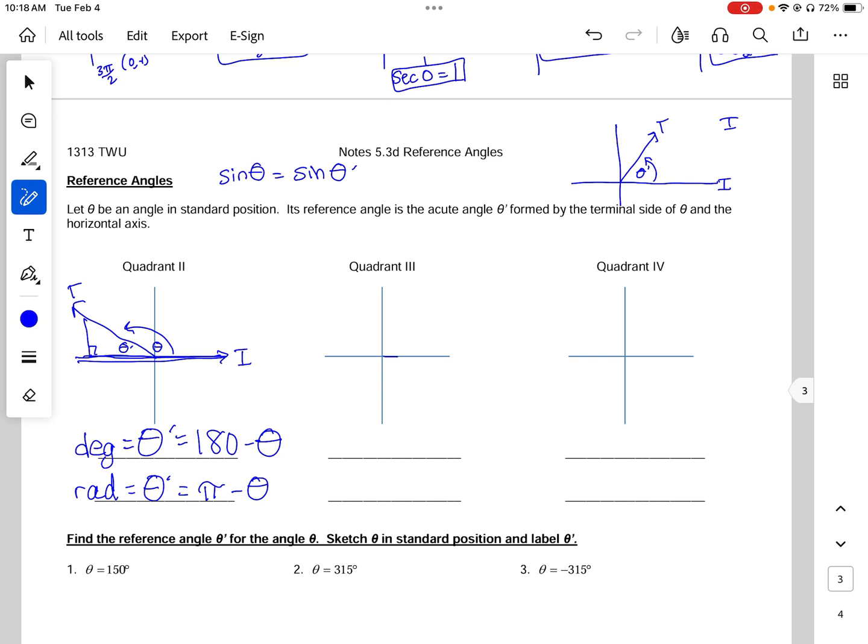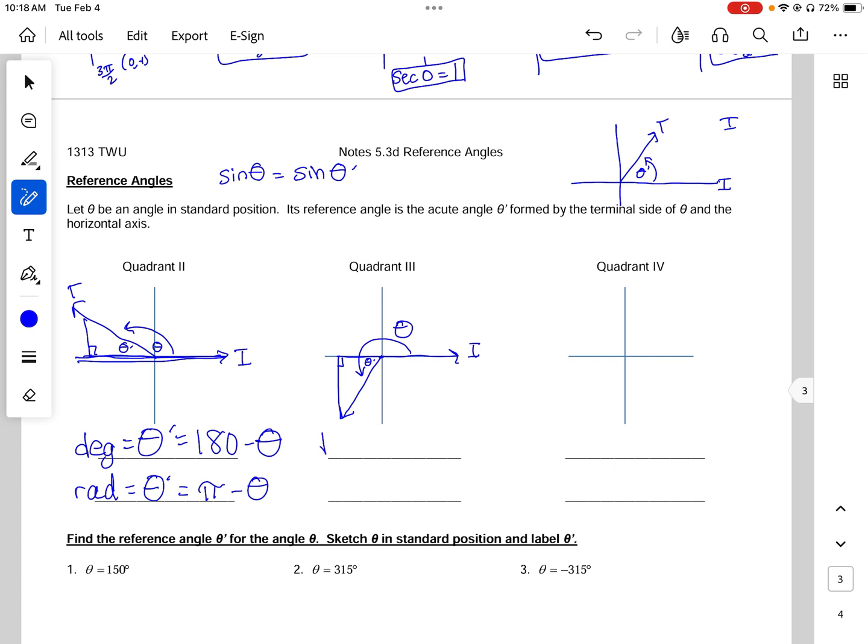So this is our initial side still, and then it goes over into quadrant 3. So we have this angle right here. That's our theta. But we want to find theta prime, so we make a right triangle. So theta prime is right here. We know 180 is the straight line, and then it's a little bit more than 180.